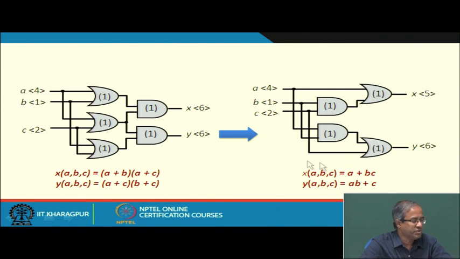But now, suppose we are not using this way, we are using straight implementation like this, A or BC, AB or C. That means, we are using AND in the first level and OR in the second level. So, you see, since A is coming out straight, here the delay will be 5, but y is still 6 because A is coming at 4. So, at least one of them we are able to speed up, right.